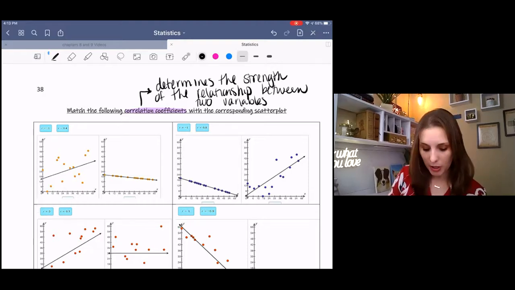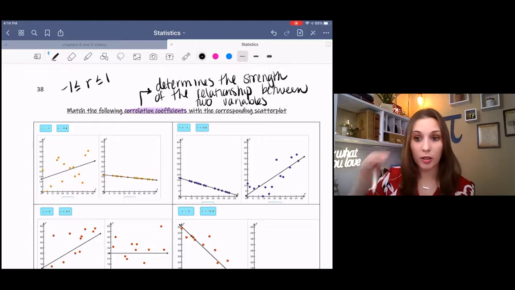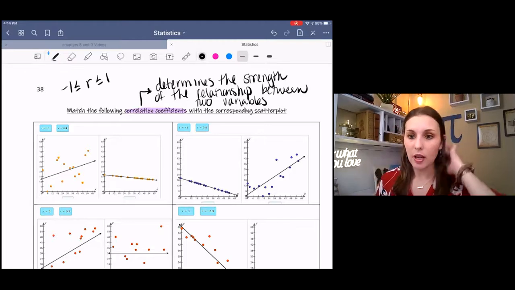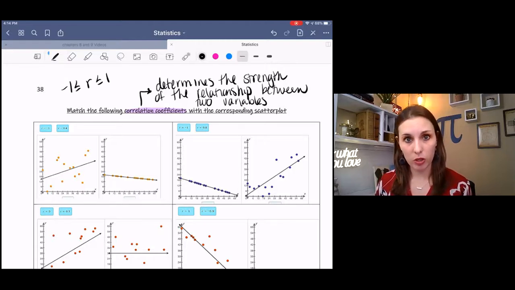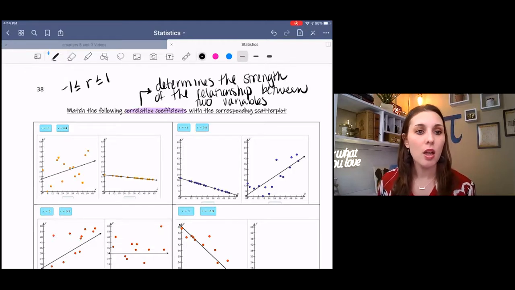And it will always be between -1 and 1. -1 indicates a very strong negative relationship between the two variables, and +1 indicates a very strong positive relationship between the two variables. And what I mean by positive and negative relationship is that a -1 indicates a negative slope.